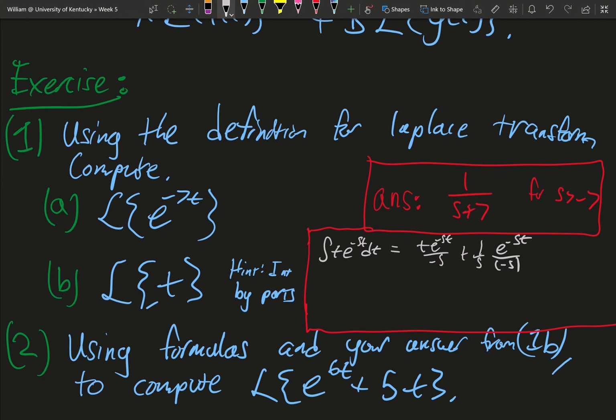And so your answer would then be negative t e to the negative st over s minus e to the negative st over s squared, evaluated from 0 to infinity. And if you did that, you would have gotten your final answer, 1 over s squared, and it's valid precisely when s is greater than or equal to 0.